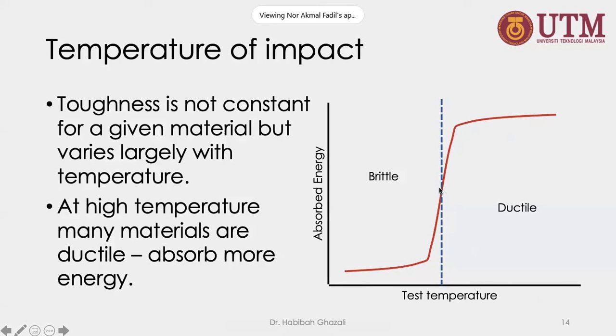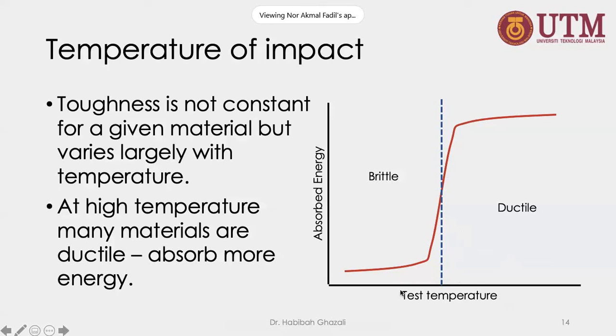You may see that dekat tengah tu, okay, is a point where transition will occur. Okay, this temperature indicates perubahan yang sangat large absorbed energy, large impact resistant behavior. Okay, this value indicates the temperature for the ductile to brittle transition.